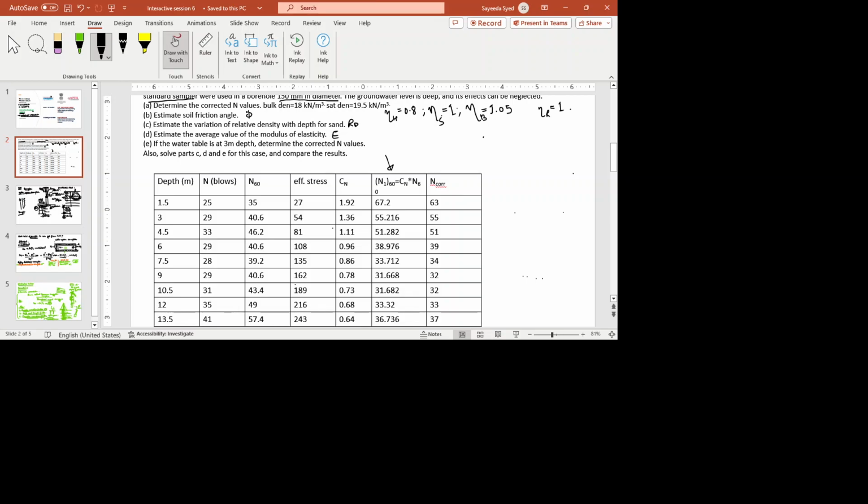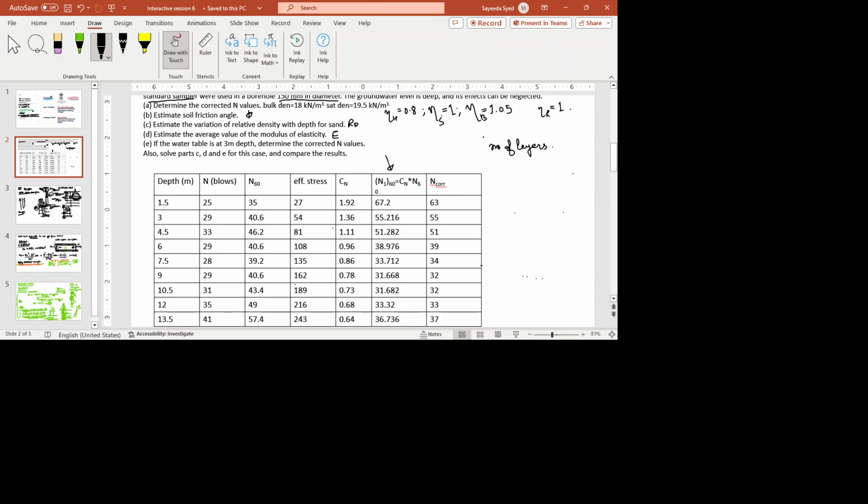But to calculate this, what we do is first we estimate how many layers there are in the strata.